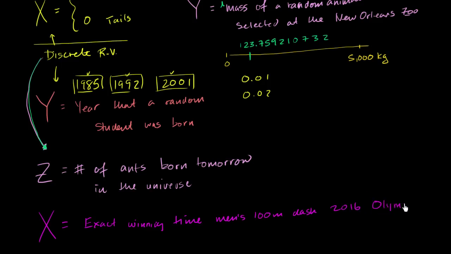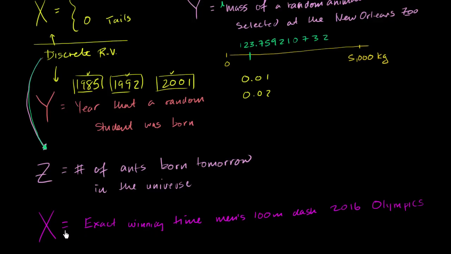So the exact time that it took for the winner, who's probably going to be Usain Bolt, but it might not be. Actually, he's aging a little bit. But whatever the exact winning time for the men's 100-meter dash at the 2016 Olympics, and not the one that you necessarily see on the clock. The precise time.